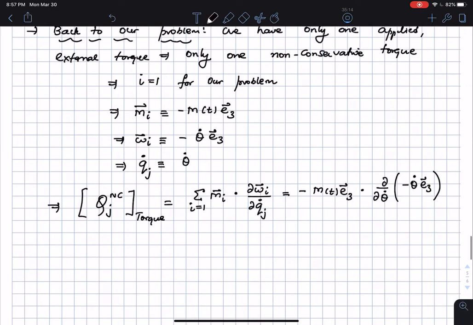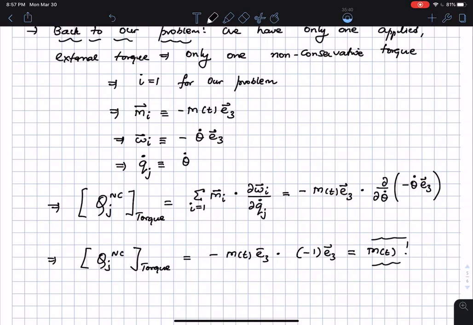The derivative of theta dot with respect to theta dot is 1, so qj non-conservative torque is minus m of t e3 dotted with minus e3, which just gives me m of t.